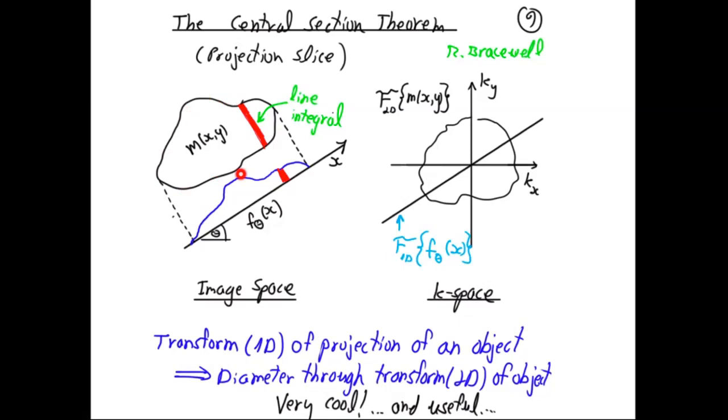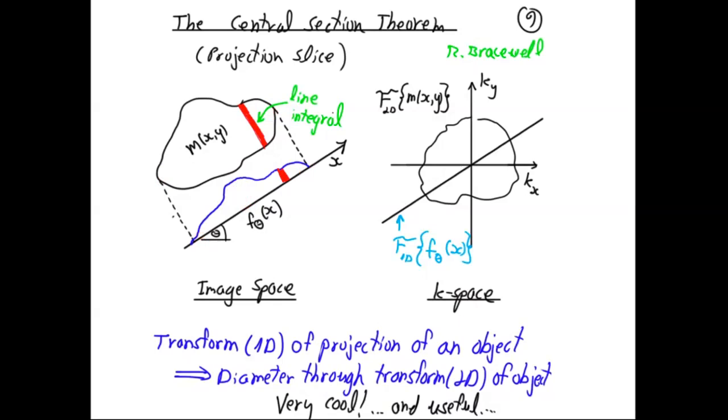If I have some object, m(x,y), and I compute a line integral through this object, integrating in a particular direction, I get a one-dimensional projection of this object. Here the object is thickest, so the projection is largest. Here it's thinnest, so it's going to be small. Here it's also thin, so it's going to be small.